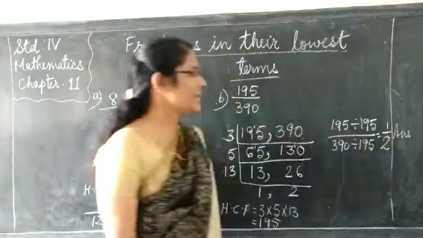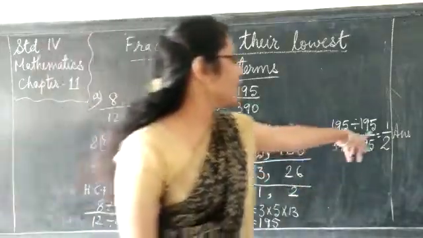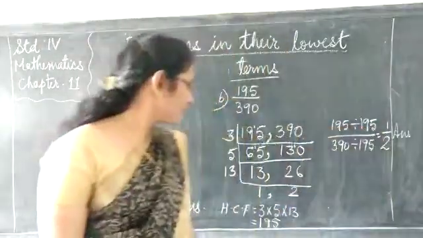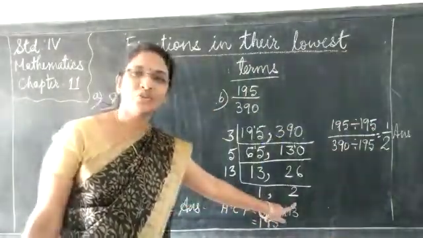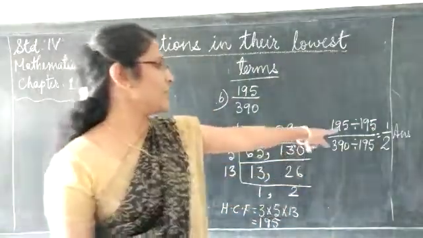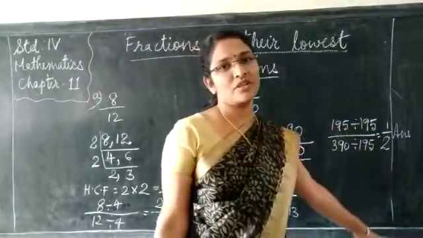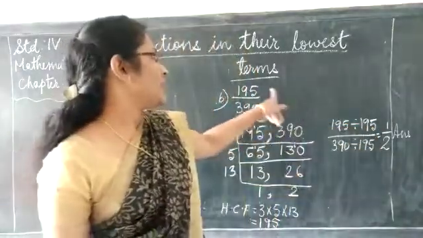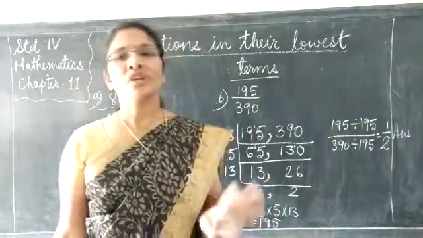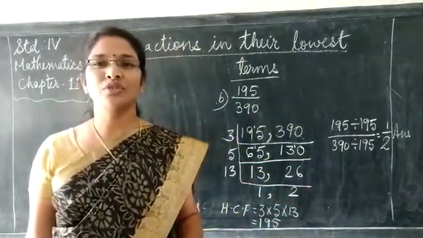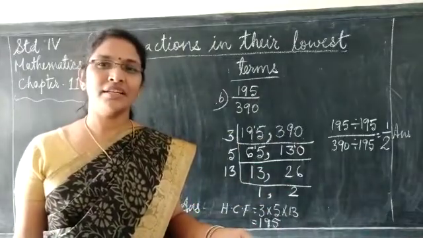What answer will we get? The lowest terms is 1/2. And we can see here what is remaining: that 1 and 2. The same numbers have come here. 1/2 will be the lowest terms of 195 by 390.